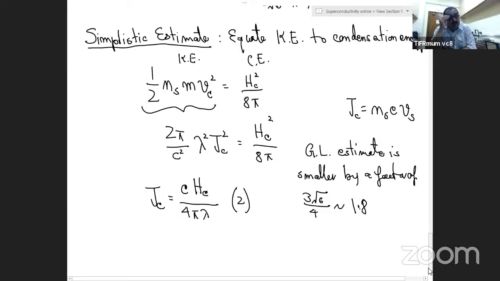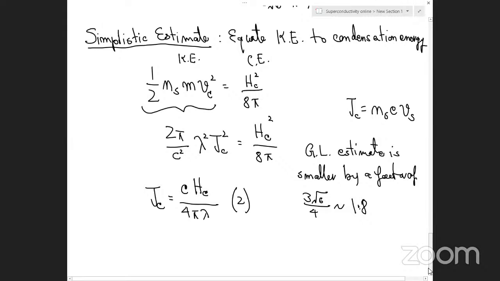Why is the simplistic estimate larger than the GL estimate? Yeah, in the simplistic estimate, we are only bothered about the kinetic energy of the superconducting electrons, but there is no interaction included there.